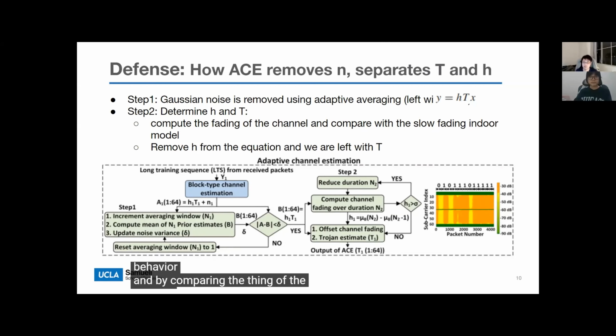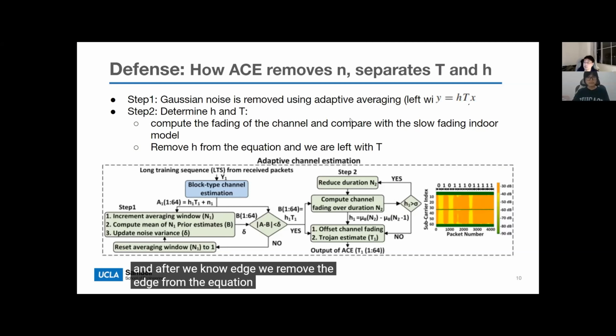By comparing the fading of the channel and the fading of the model, ACE can determine the H of the channel. And after we know H, we remove H from the equation, and we are left with the Trojan activity factor T, and we can tell whether the channel is being manipulated by Trojan activities or not.